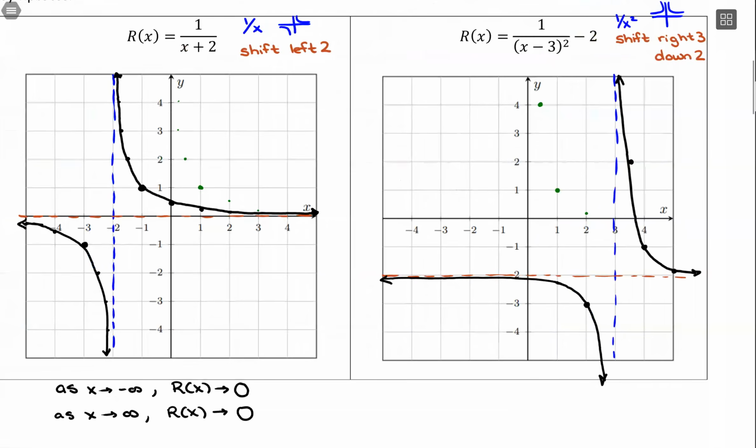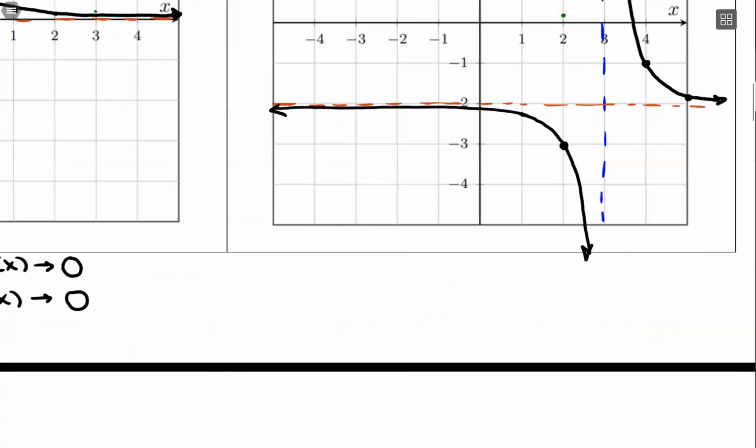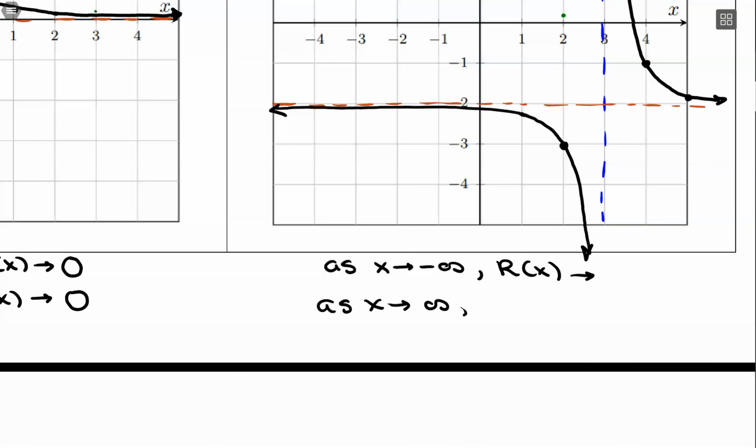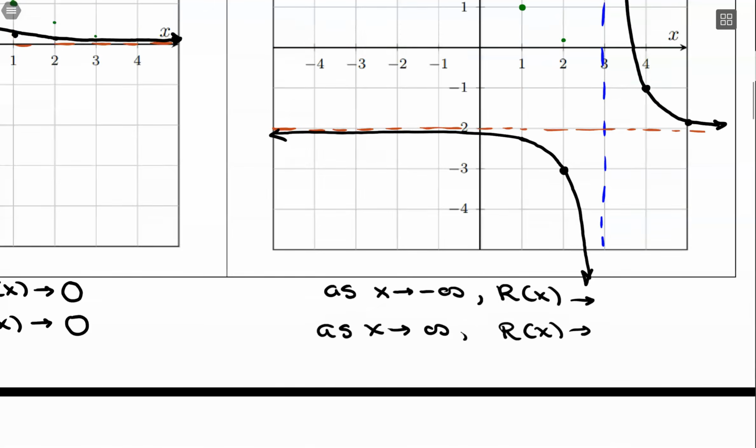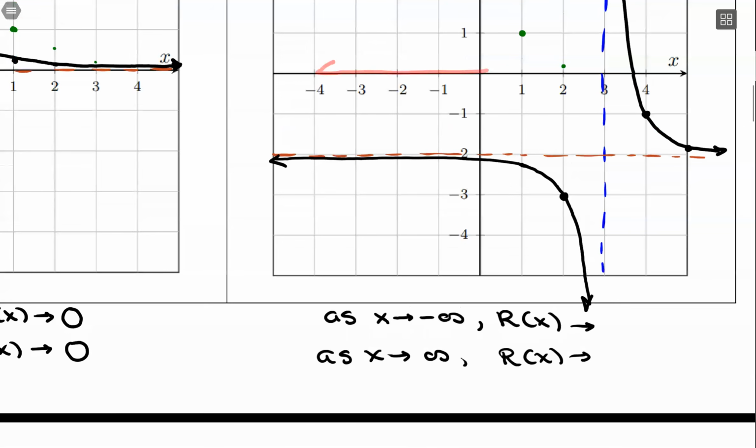All right, so with this one, let's talk about how we would describe the long run behavior. As x goes to negative infinity, r of x goes to, and as x goes to positive infinity, r of x goes to. So as x goes to negative infinity, so as we're going off to the left here, what is our function doing?